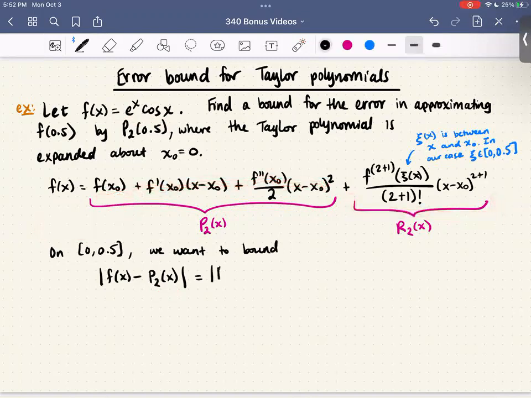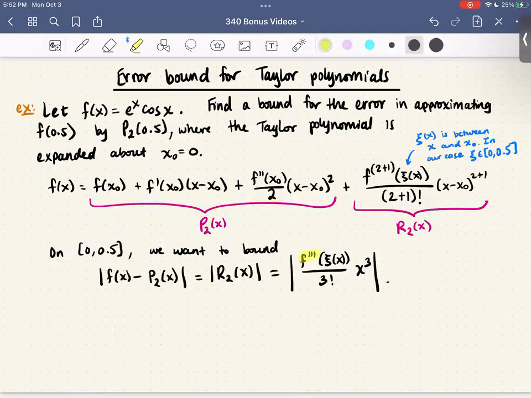So this really is r2 of x, which in this case we know looks like the absolute value of f triple prime evaluated at some point c of x over 3 factorial. In our case, x sub 0 is 0, so this would be x cubed. So now we need to compute this quantity using our function f of x.